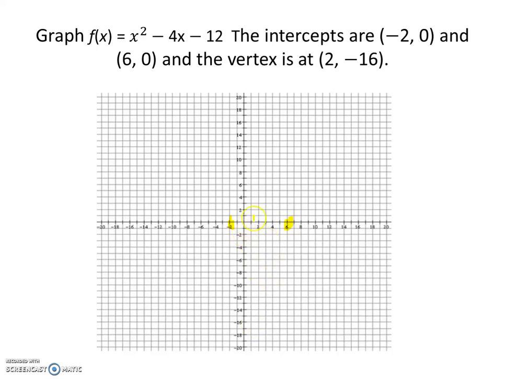And the vertex is simply at 2, negative 16, which if we come down here, we have 2, negative 16 right here. And then we draw our x squared function, taking it through our intercepts, and there's the graph of our function.